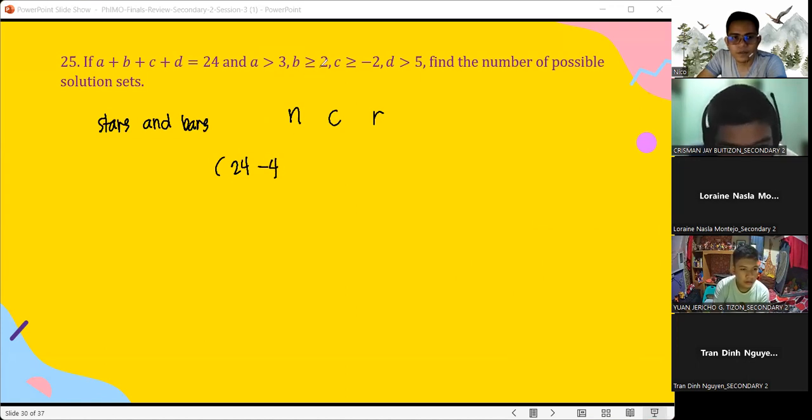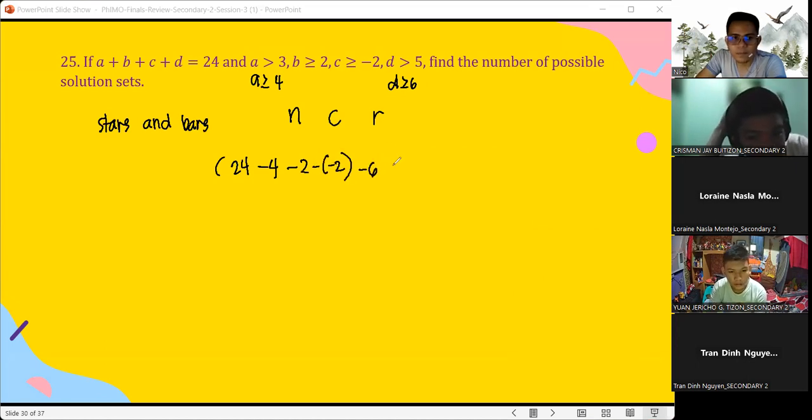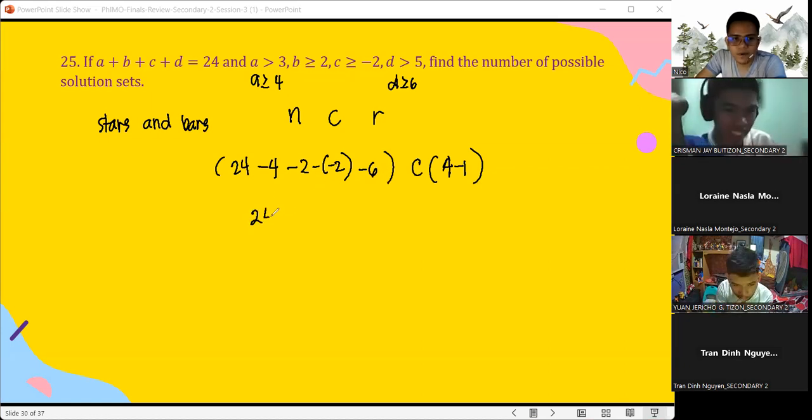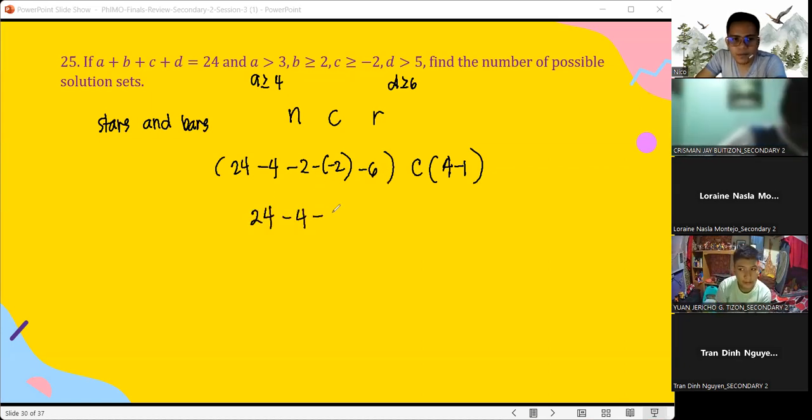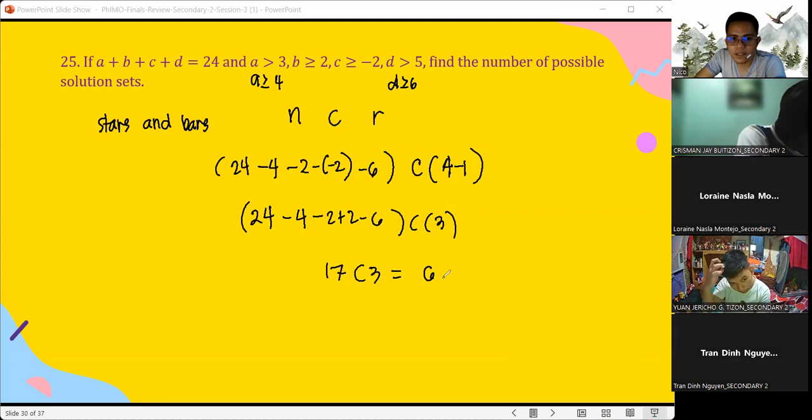This is A, right? Okay, this is D. So this is 4, 2, minus 2, and 5. So this is minus 4, minus 2, minus 2, and minus 6. Then combination r, which is 4 minus 1. So this is now 24 minus 4 minus 2 plus 2 minus 6, combination 3. So this is 17C3. So the answer here is 680.